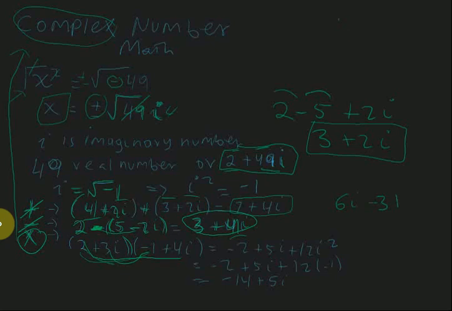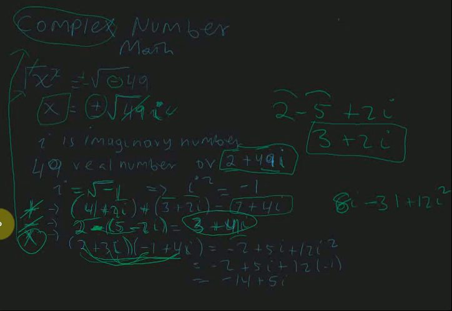And then we have 3i times 4i, we got 12i square, because i times i is i square.